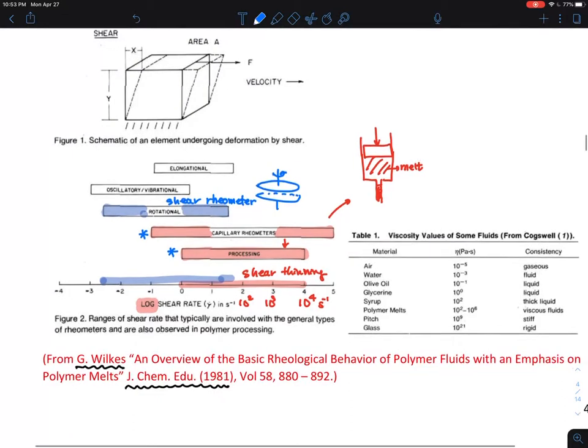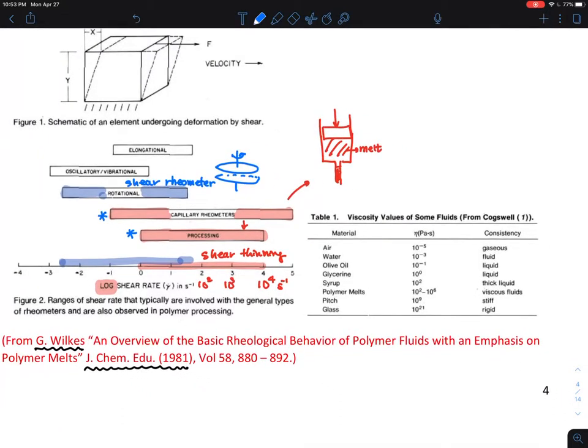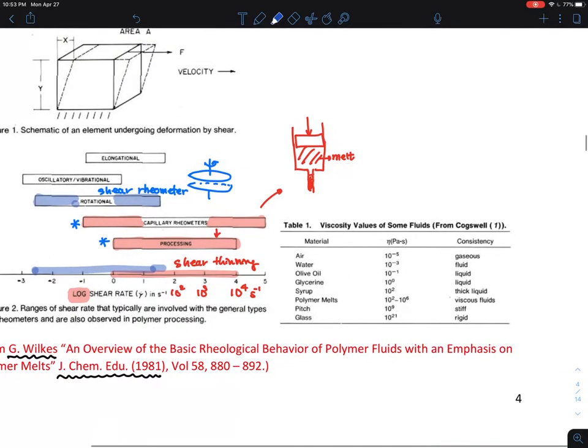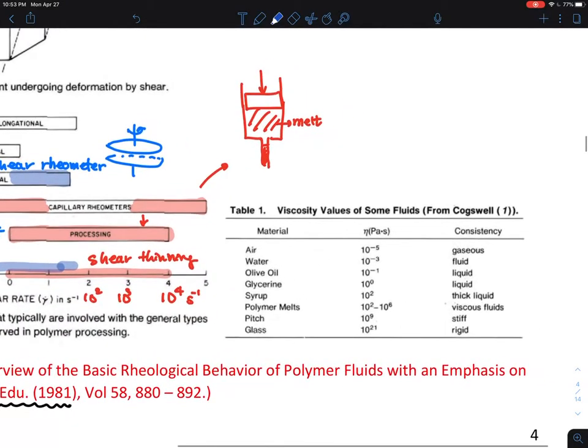And I think it's also a good idea for you to develop some basic understanding. If you took fluid mechanics, you probably know that water viscosity is about 1 centipoise. That's 1 millipascal second, and that's the range. Whereas if you look at the polymer melt, that ranges from 100 to a million Pascal seconds.